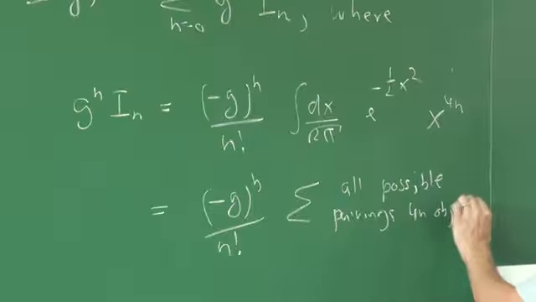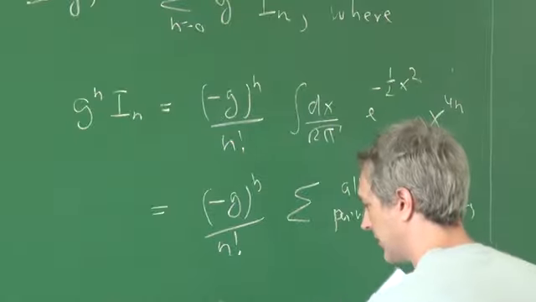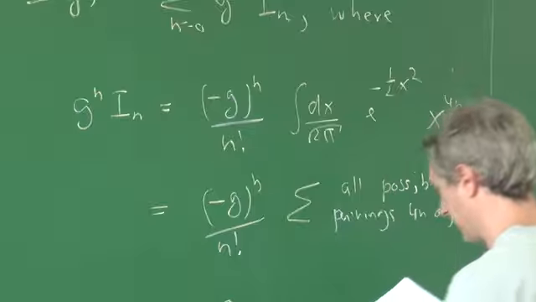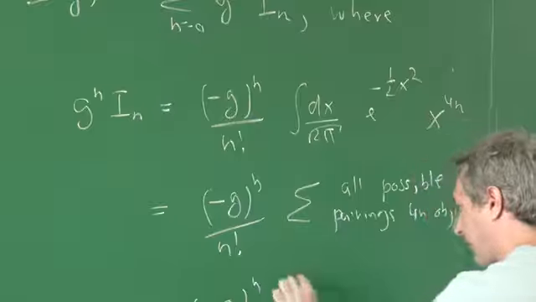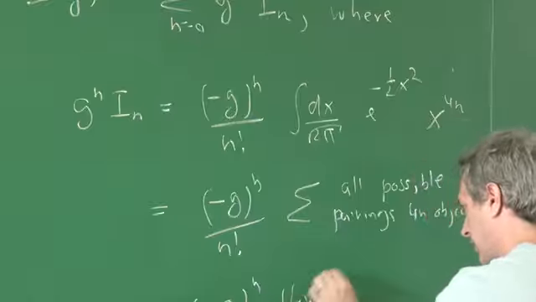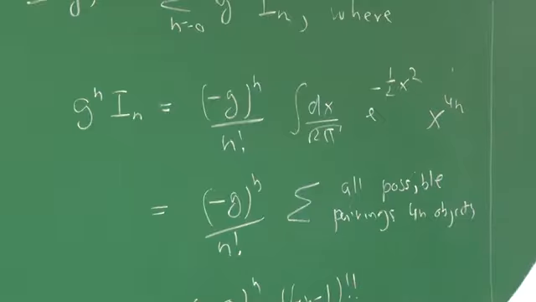And this, let's try to convince you, gives you minus g to the n over n factorial, and then the 4n minus 1 double factorial. So 4n minus 1, 4n minus 3, and so on.